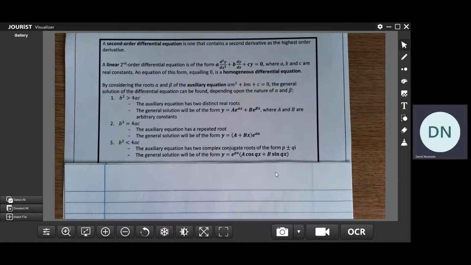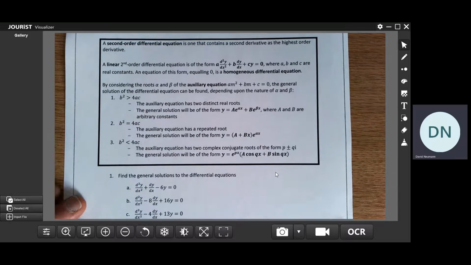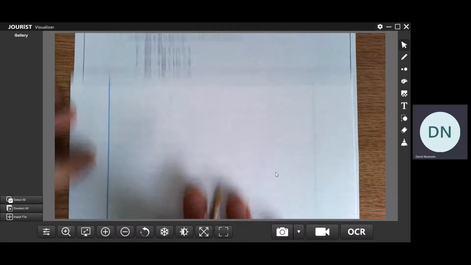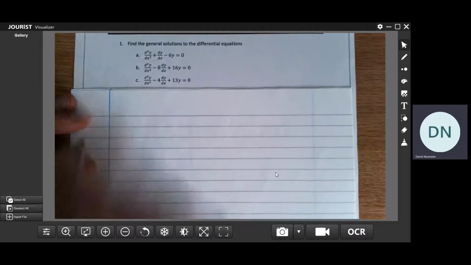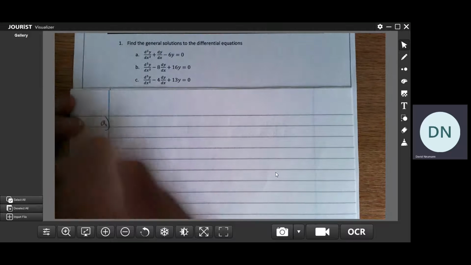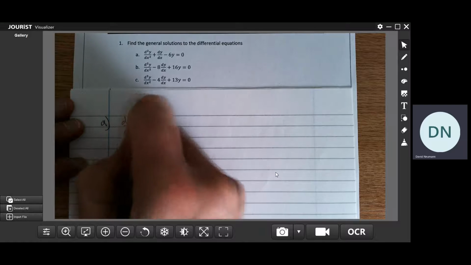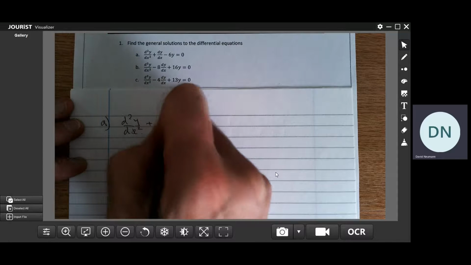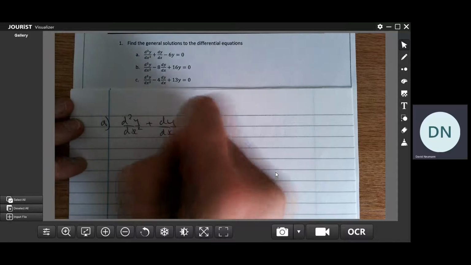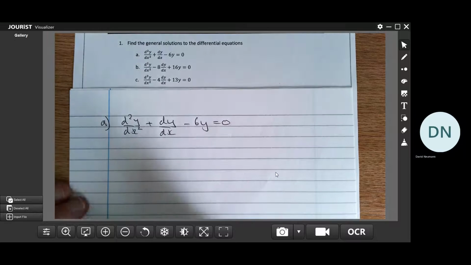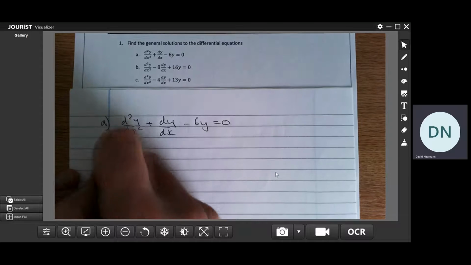So let's see how that works with the examples that we've got here in the course workbook. Let's start off with the first one, example A. We've got d2y by dx squared plus dy by dx minus 6y equals 0. We're going to write out our auxiliary equation.